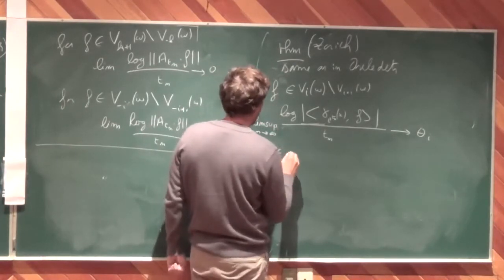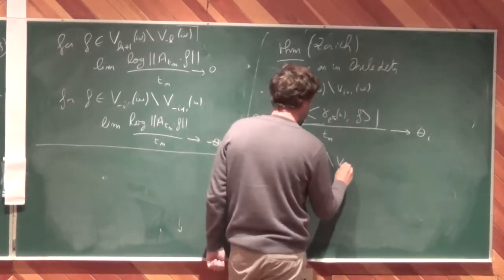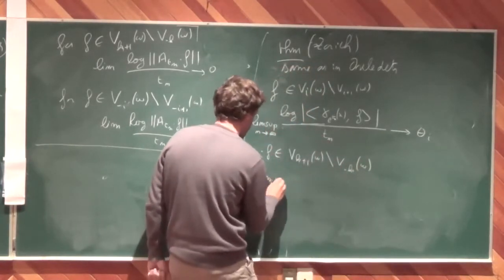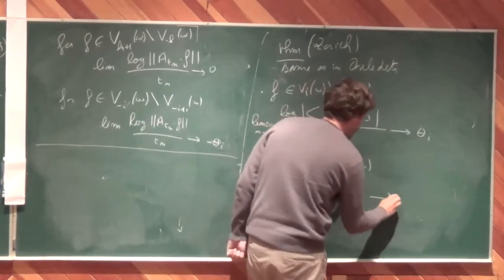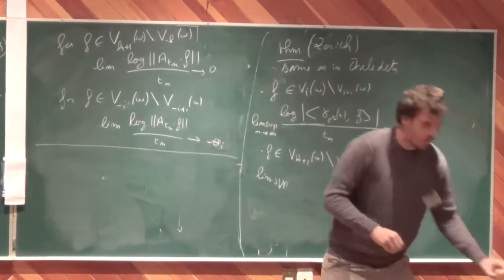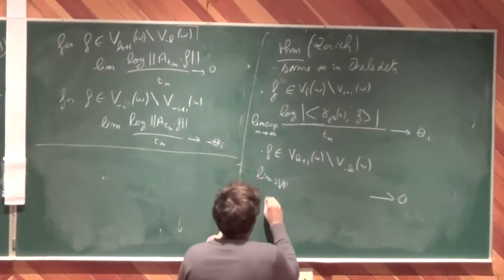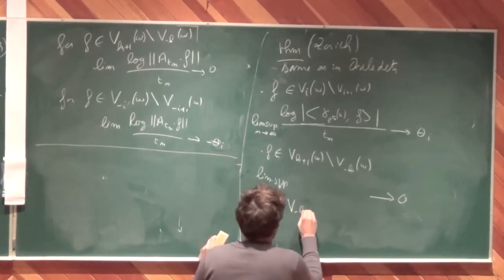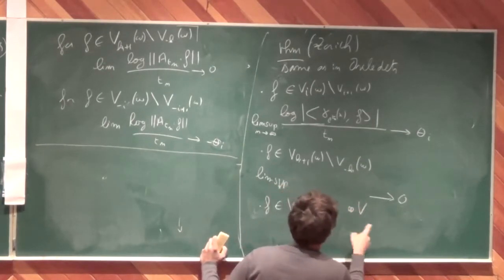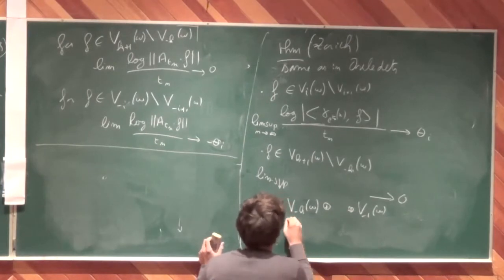If f belongs to the central subspace, which I call Vk plus 1, the same lim sup goes to 0, which means that you have a growth, but which is sub-polynomial, the Birkhoff sums. And the last conclusion, if f belongs to v minus k of omega plus and so on, you cannot really make a difference between them. What you get is that the Birkhoff sum is actually bounded.